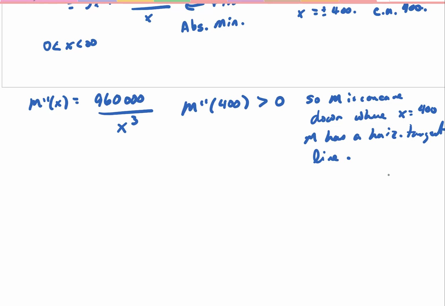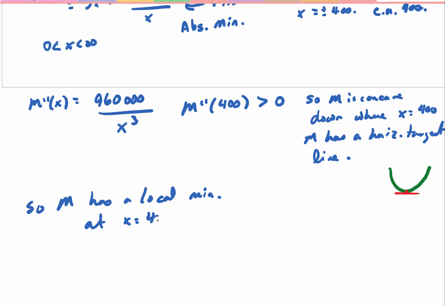We said that we have a function that's concave down, and where on this concave down interval do we have a horizontal tangent line? Why, that's right there. And what type of point is that? Well, that's a local minimum. So M has a local minimum at x equals 400.